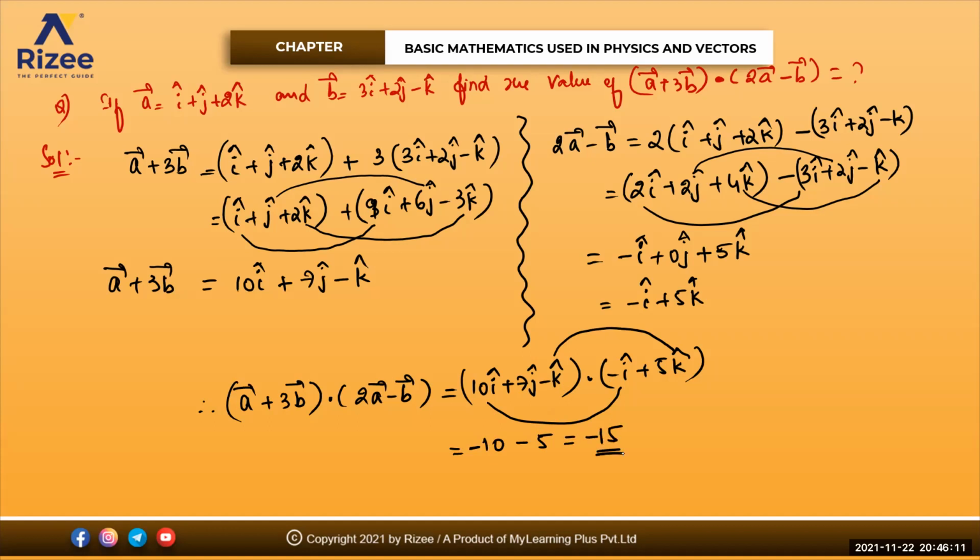Is it clear? Check it out once. A bar dot b bar dot 2a bar minus b bar will be equal to how much? It is coming out for me minus 15. Any doubt to anyone in this one?